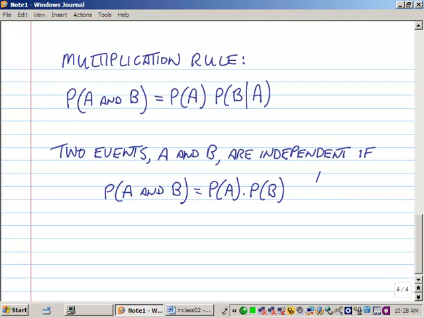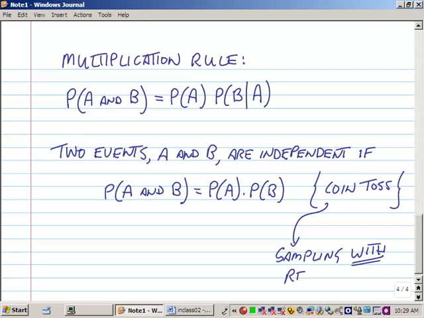All right, an example of this is a coin toss, or generically sampling, selection, whatever you want to call that, with replacement.